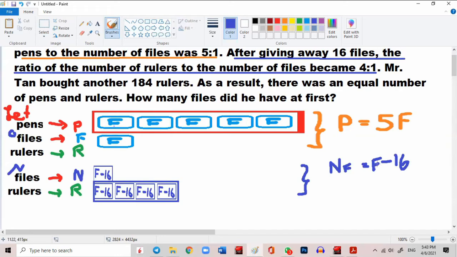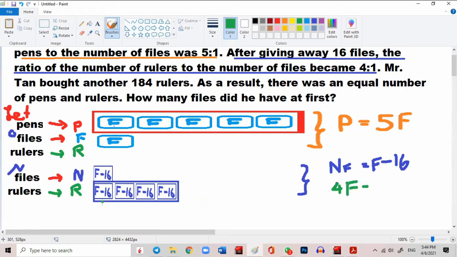But what about ruler? The ruler will be what? Come on. What can you see about ruler? 4F minus 16. Wow, so clever. Not minus 16. 4F minus how many? 4 times minus 16, right?